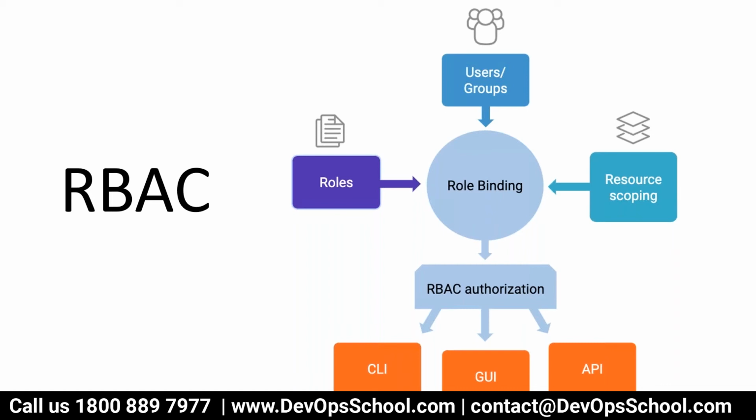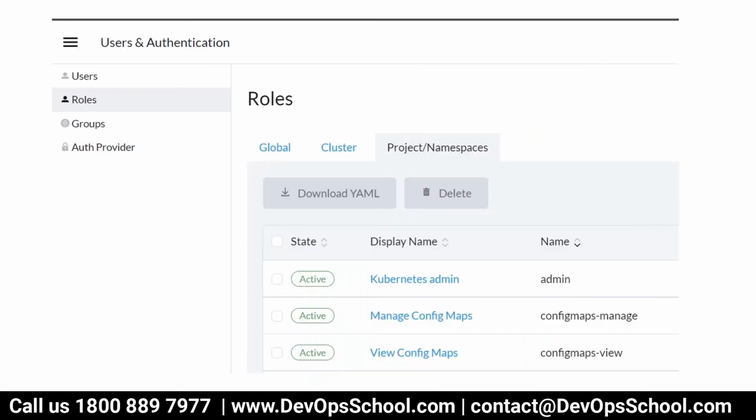In the role binding, we say what users, what groups and what resources you want to add. This is how we do the role binding. So here you look at this. I have shown you, in fact, these are the roles where we can see that.